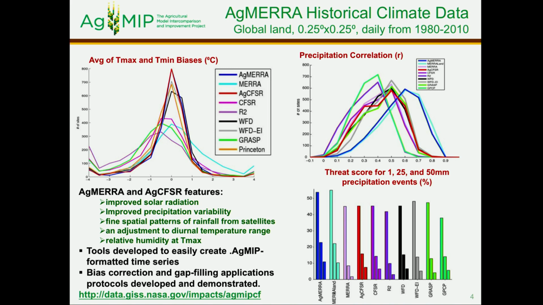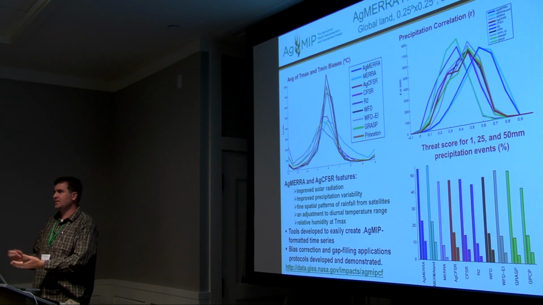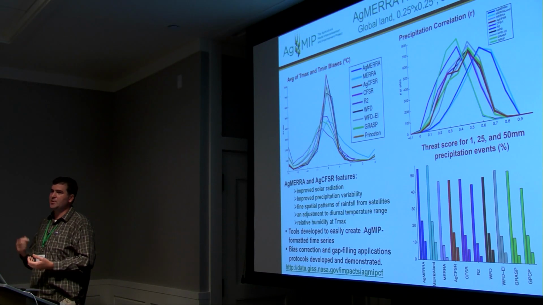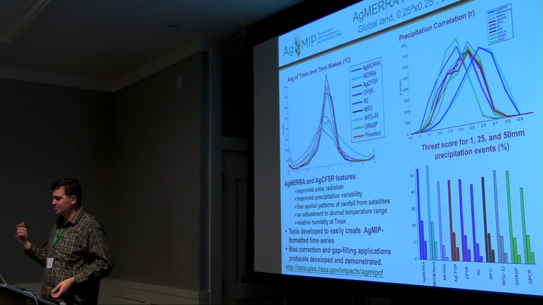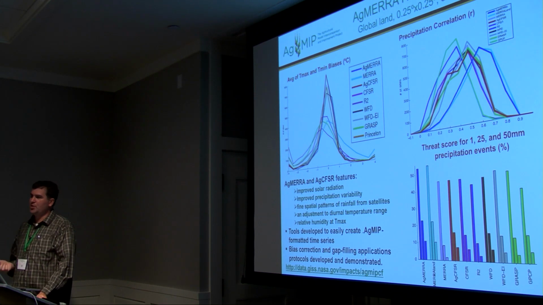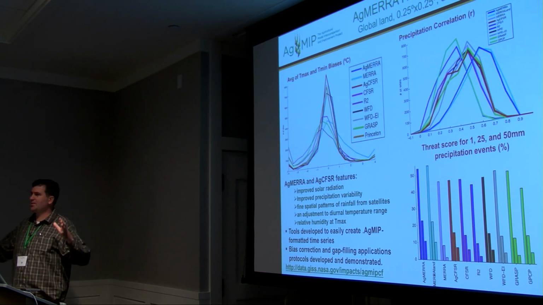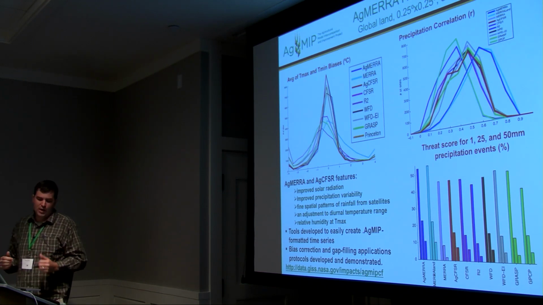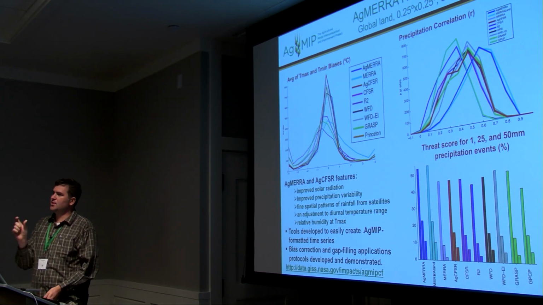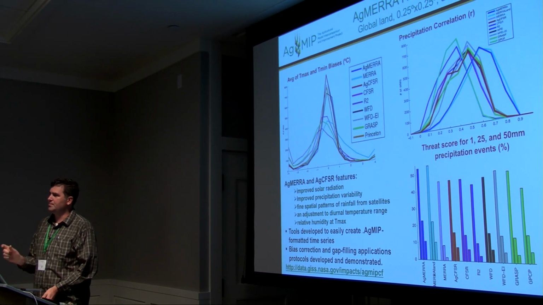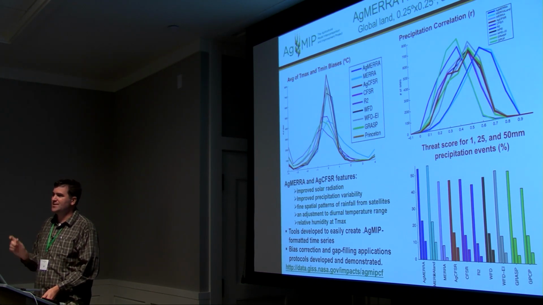What I'll point out is that where this really came from was I was repeating the same process again and again. Somebody would come to me saying, I have an observational data set that I want to use for agricultural models, and I have a 15-year gap, but I have data around that, and I don't really know what I should do. So I was again and again saying, well, let's look at what the MERRA or other retrospective analyses say for that time period because they have global coverage.